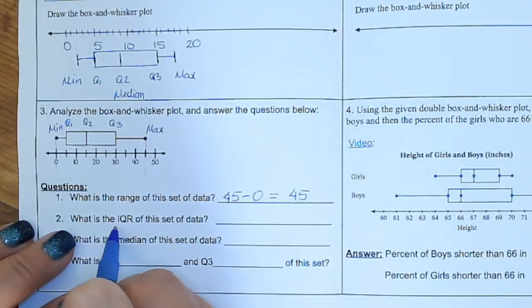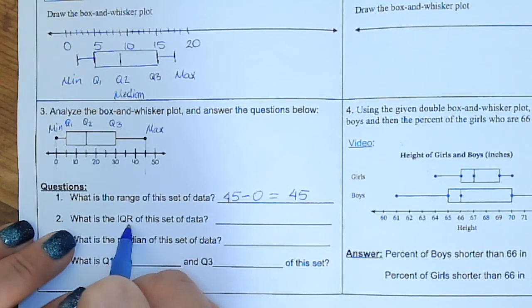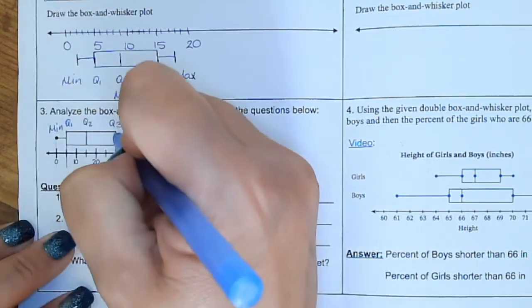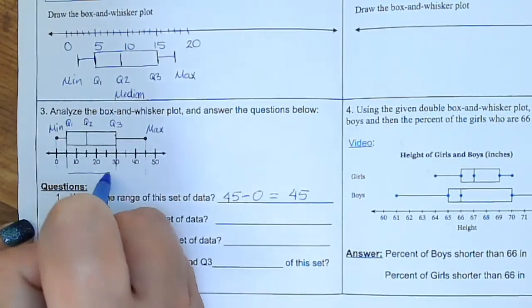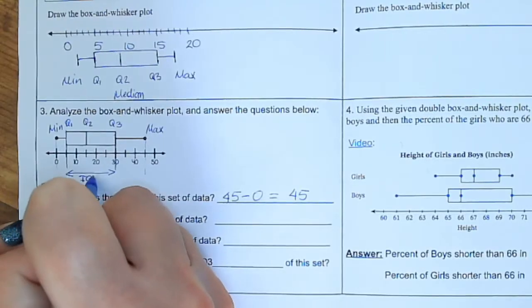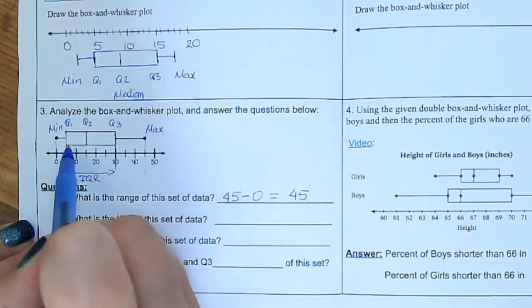What is the interquartile range? So IQR, interquartile range. What that means is the inside, so that is the interquartile range.